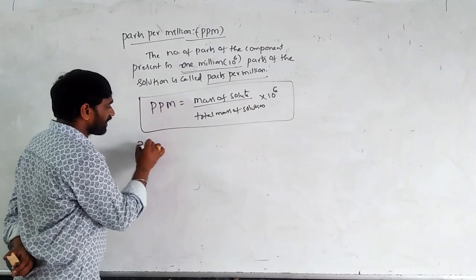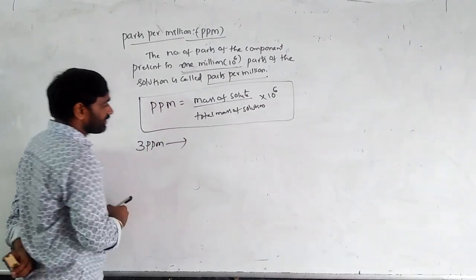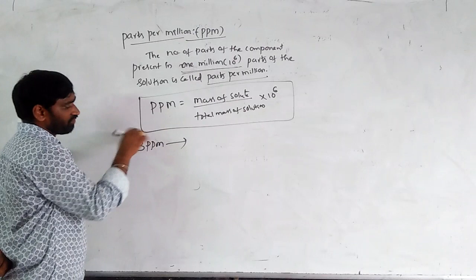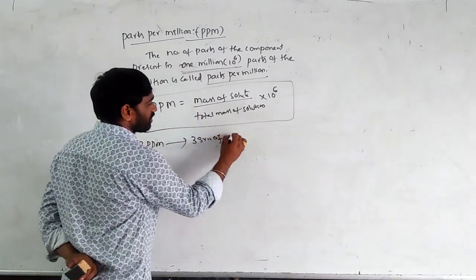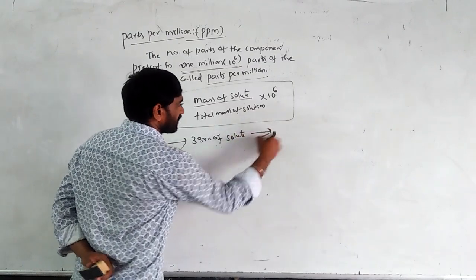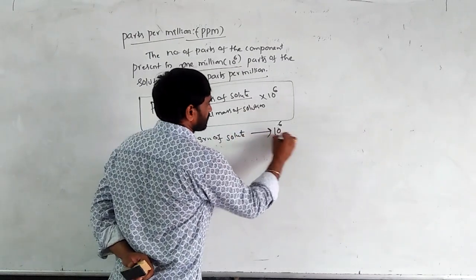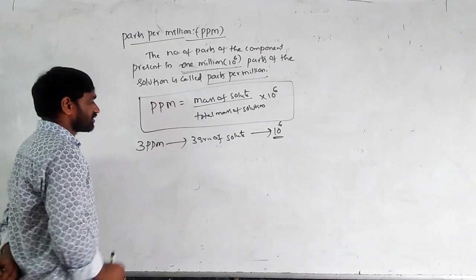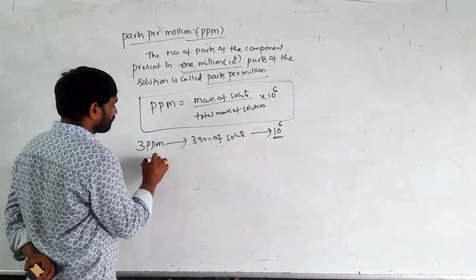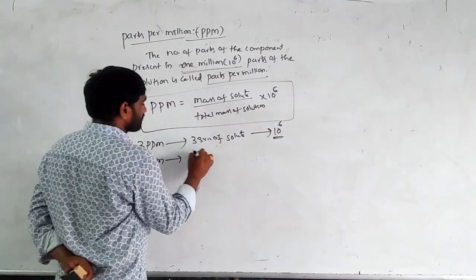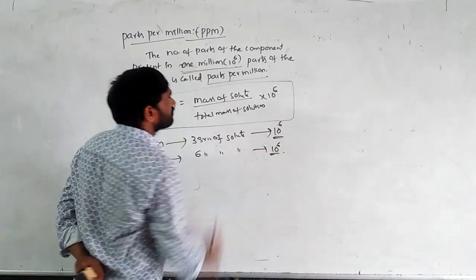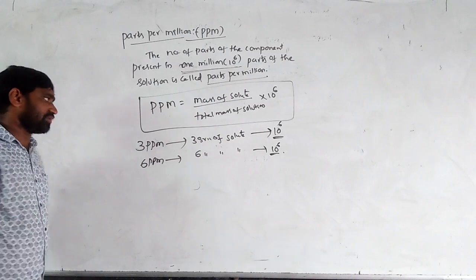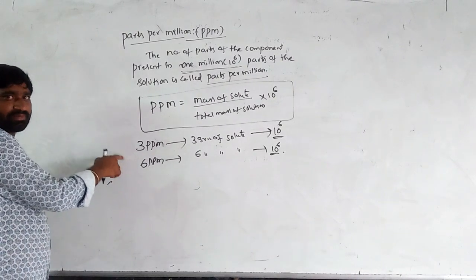Here 3 ppm is 3 grams of solute present in 10 power 6 parts. For example, 6 ppm is 6 grams of solute present in 10 power 6 parts of the solution. So this is parts per million.